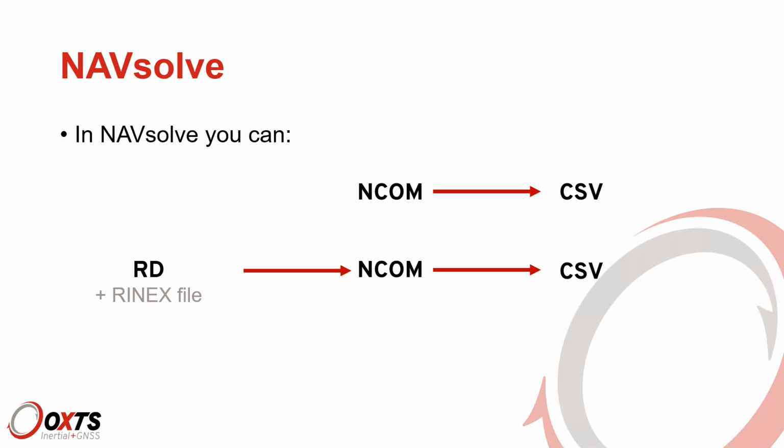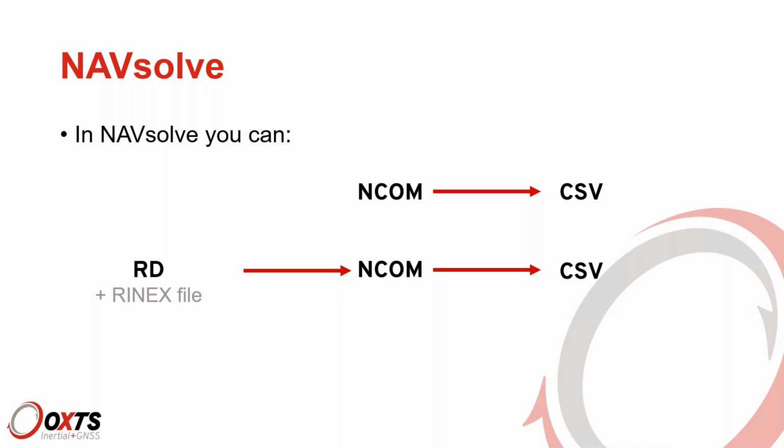NavSolve contains the same processing engine that the RTs have, so it will simulate that real-time processing and create an NCOM file for you, just as if you had logged it from the RT's output. Then you can use that NCOM file again to select the specific measurements you're interested in and create a CSV file containing those measurements.